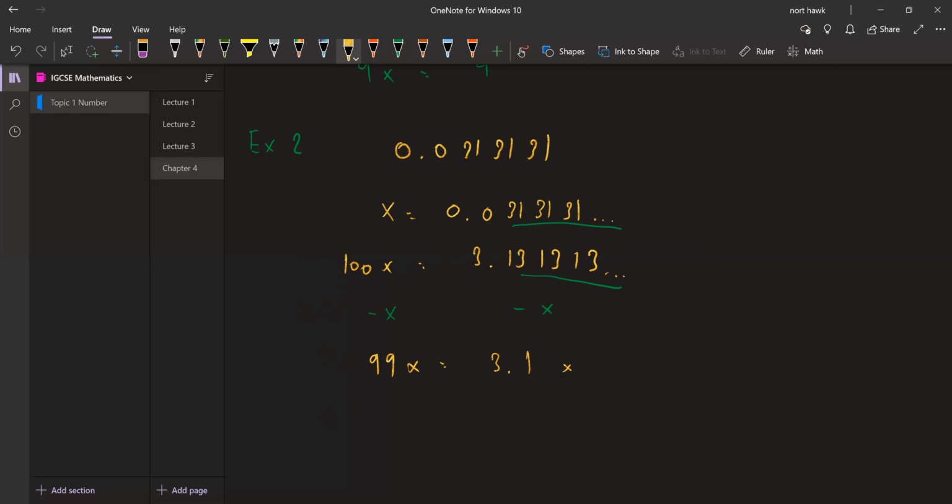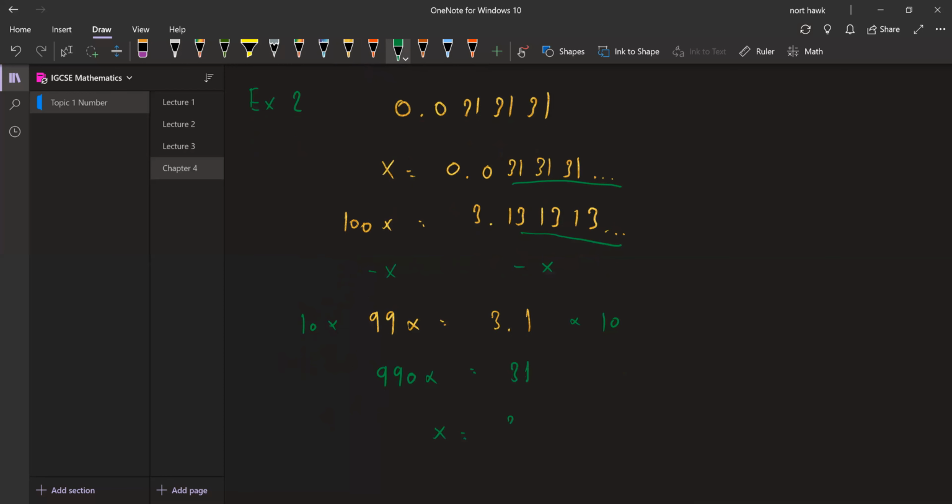I could times both sides by 10 to make it into an integer. This would become 31, and this would be 990 times x. So x is equal to 31/990, and since we define that x is this, thus this must also equal that.